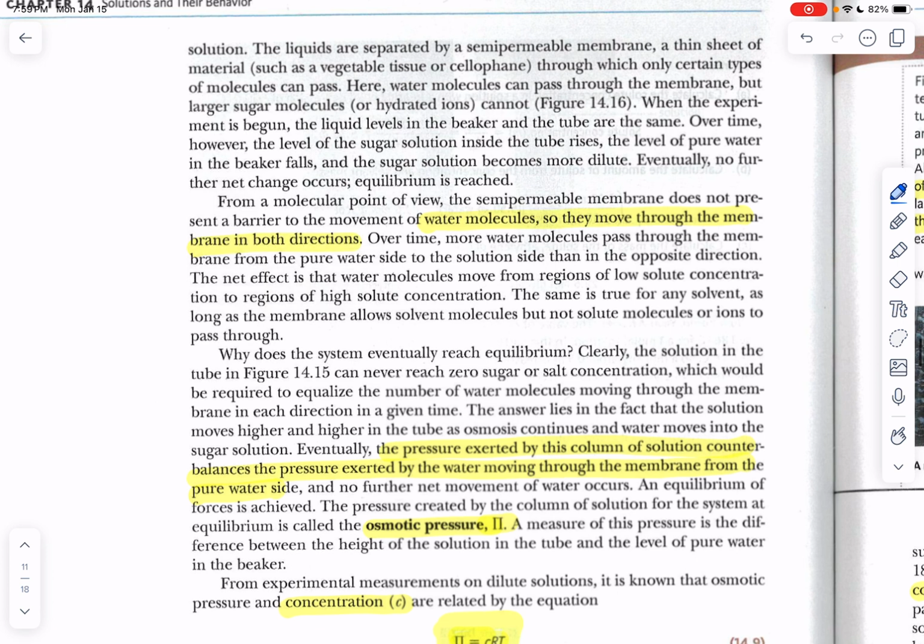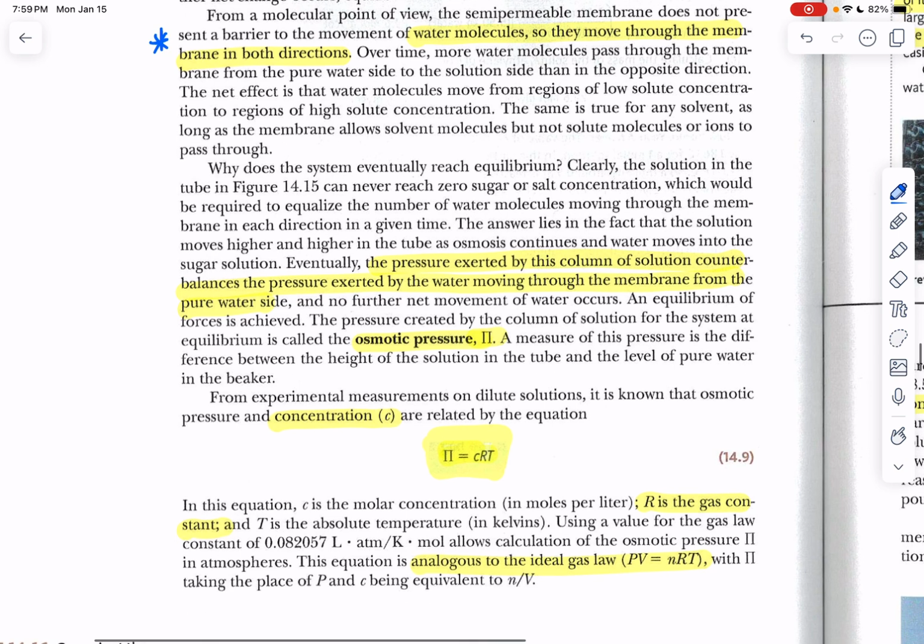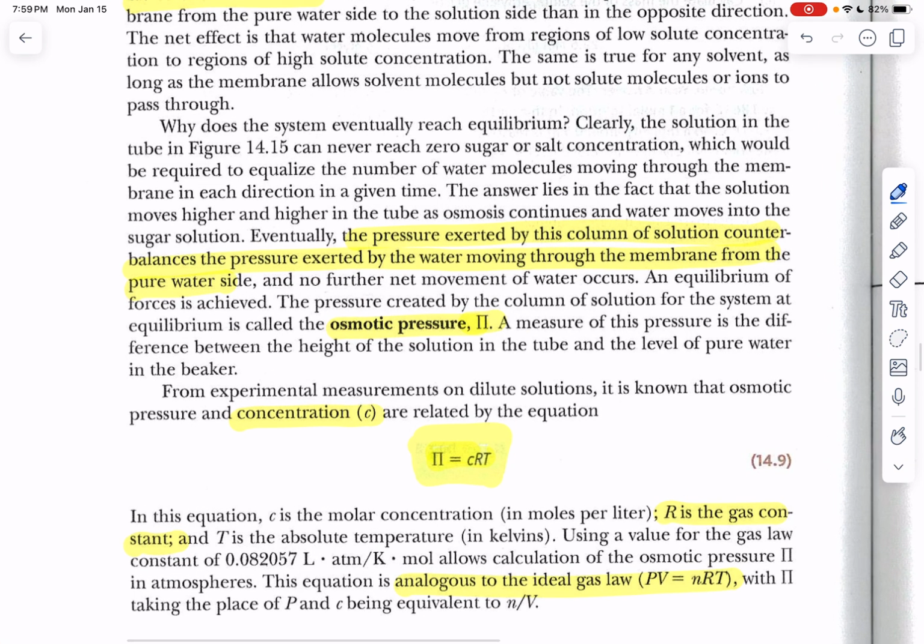Again, keep in mind that the water molecules, being small, can move both ways until the pressure to go either way equals out, and then you're at equilibrium. But the larger particles cannot move, and so the net flow of water into the membrane is what creates this osmotic pressure.